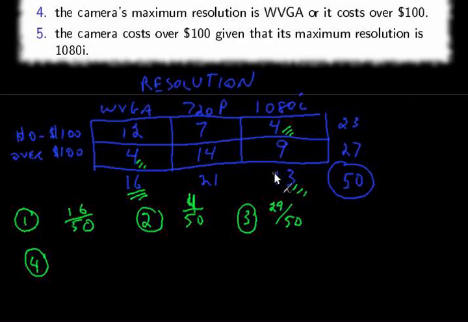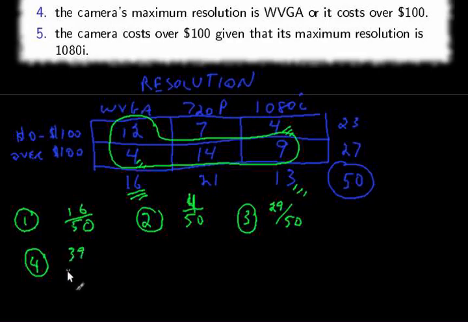So what we really need is to add these numbers here. These are all the numbers that give us cameras that are over $100 or maximum resolution WVGA. And since we've already added this entire row, it's 27. All we have to do is add 12 to that, and we have 39 50ths for our final answer.